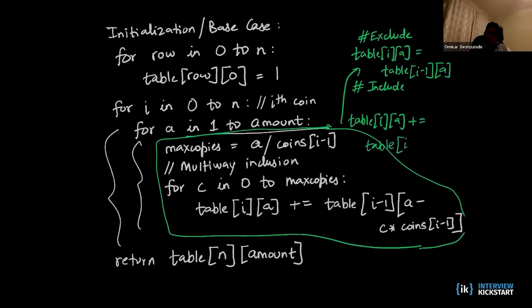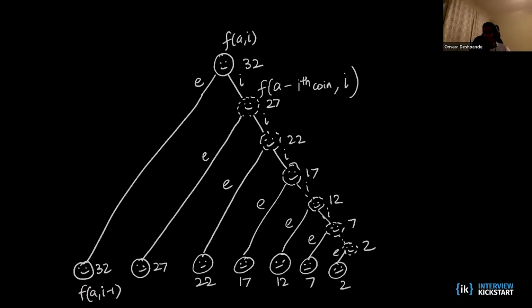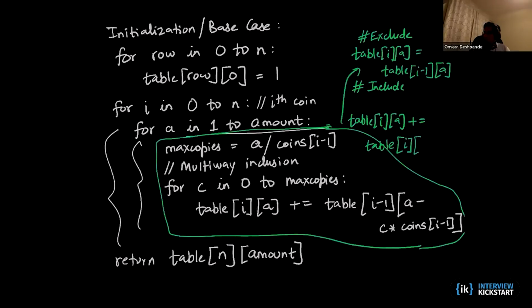So the index remains I, right? It's just the amount that changes to a minus the denomination of that coin. So a minus the denomination of that coin, which is going to be coins of I minus 1.